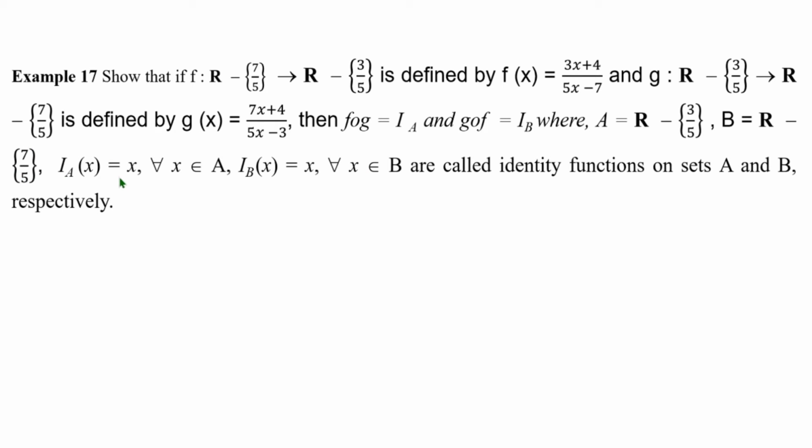IA of x is equal to x for all x belongs to A, and IB of x is equal to x for all x belongs to B, are called identity functions on sets A and B respectively.